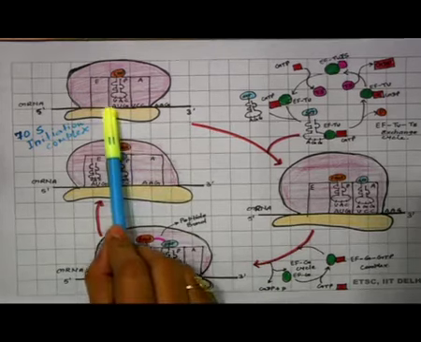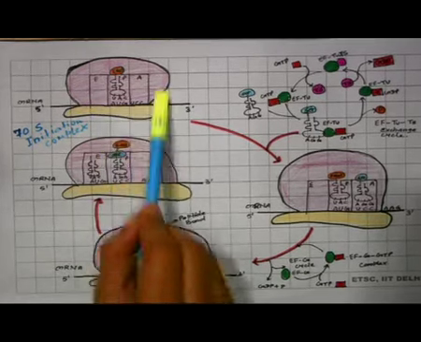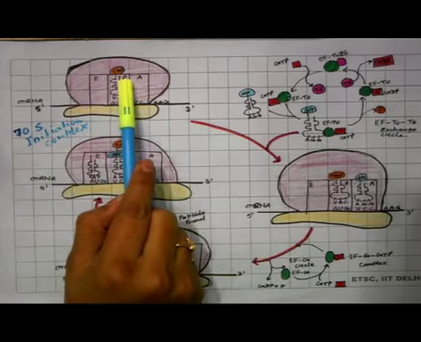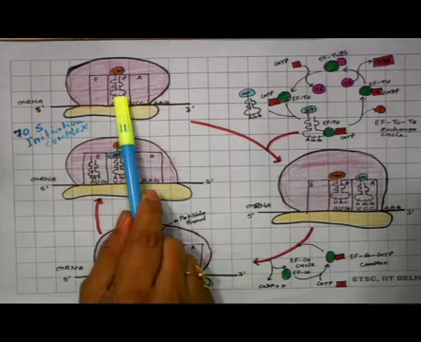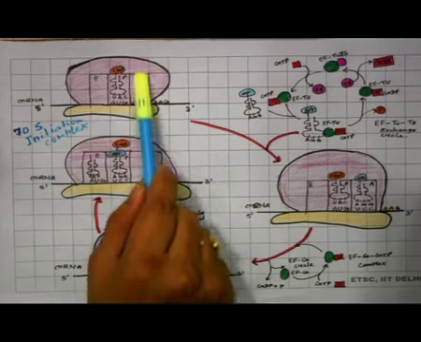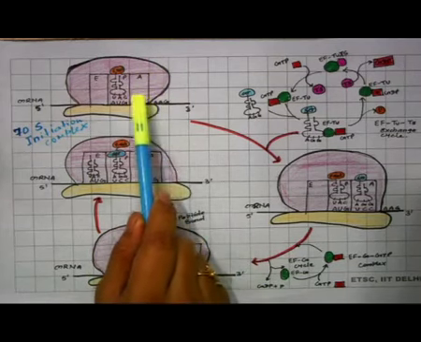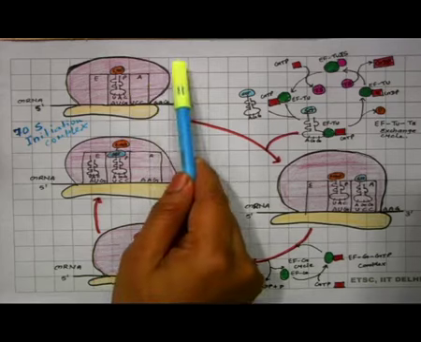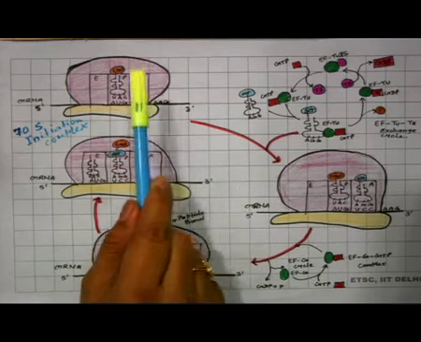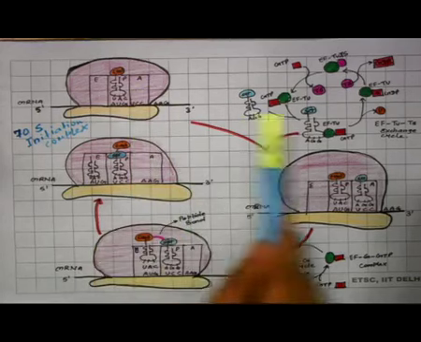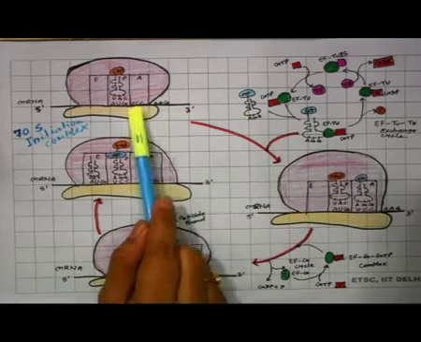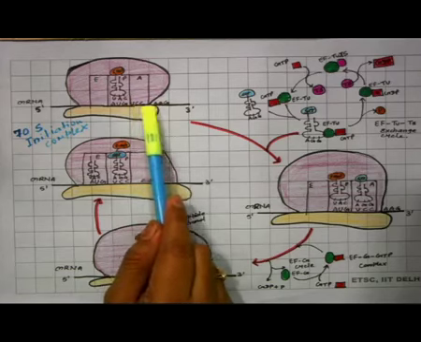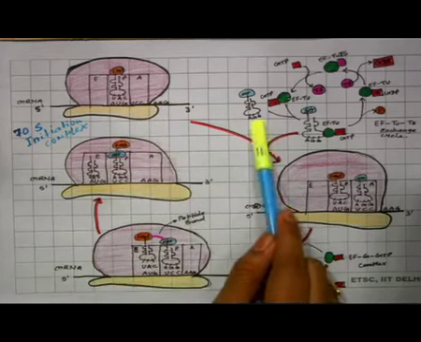With this 70S initiation complex, you can see in the diagram, at the P site always the first charged transfer RNA will combine, and the A site is always free for the incoming charged transfer RNA. So, the incoming charged transfer RNA will bind at the A site with the help of this cycle. As you can see in the diagram, UCC is the next codon which will code for serine. So, the anticodon for UCC is AGG.